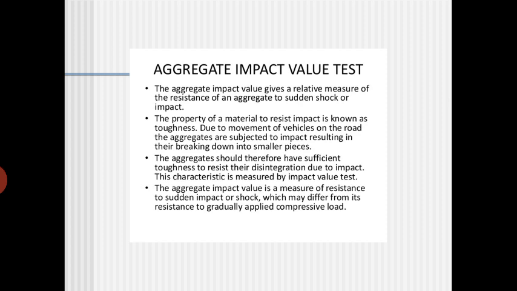If it is a concrete road, the impact is mainly transferred to the aggregate first. If any problem happens to the aggregate, then of course it will lose its strength, and there will be a breakage of the whole concrete mix.